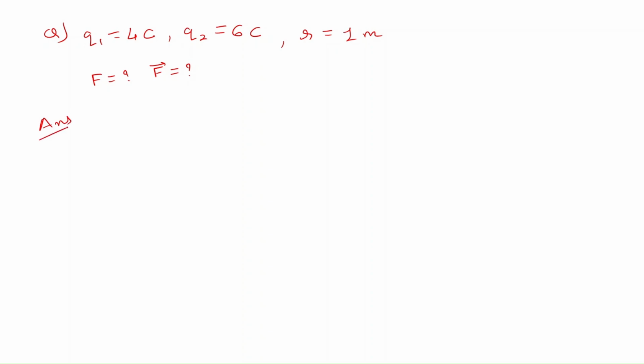Now the answer. What is the formula? K Q1 Q2 upon R square. Now what is the value of K? Remember, K value is 9 into 10 raised to 9 Newton meter square per Coulomb square. Don't forget the unit, okay? 9 into 10 raised to 9.